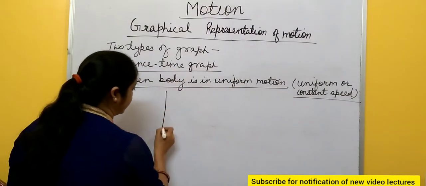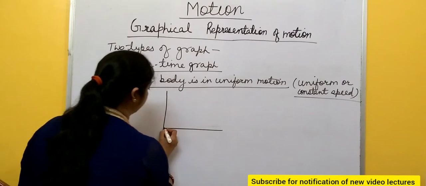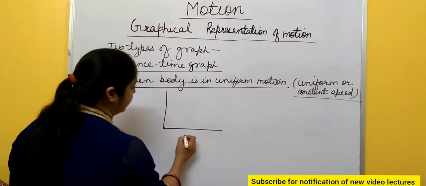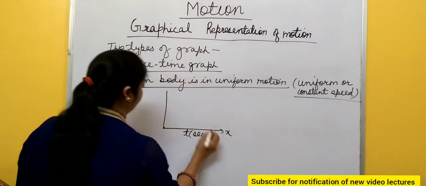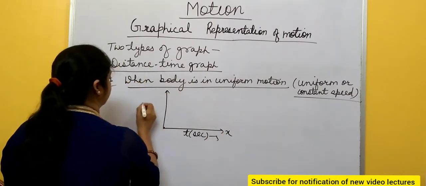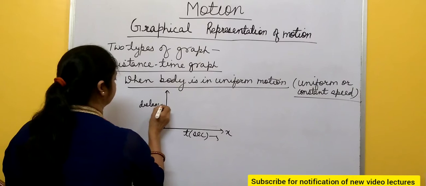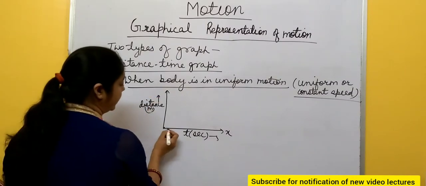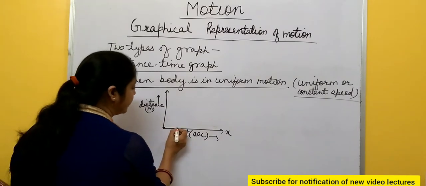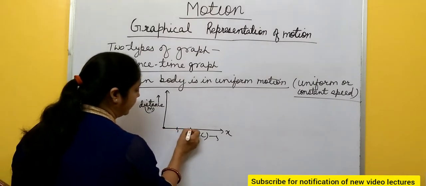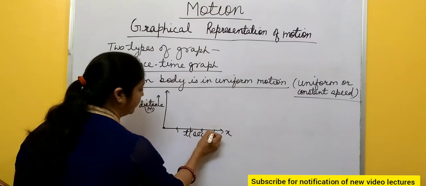So in this case, the graph is like this one. Suppose initially the body is at this point, time is along the x-axis and distance is along the y-axis. Initially at time t equal to 0, suppose the body is at this point. After time, suppose 1 second, here 2, here 3, here 4.